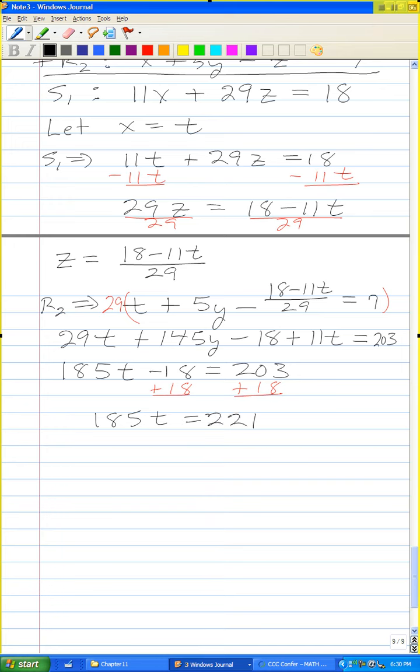Divide both sides of my equation by 185.